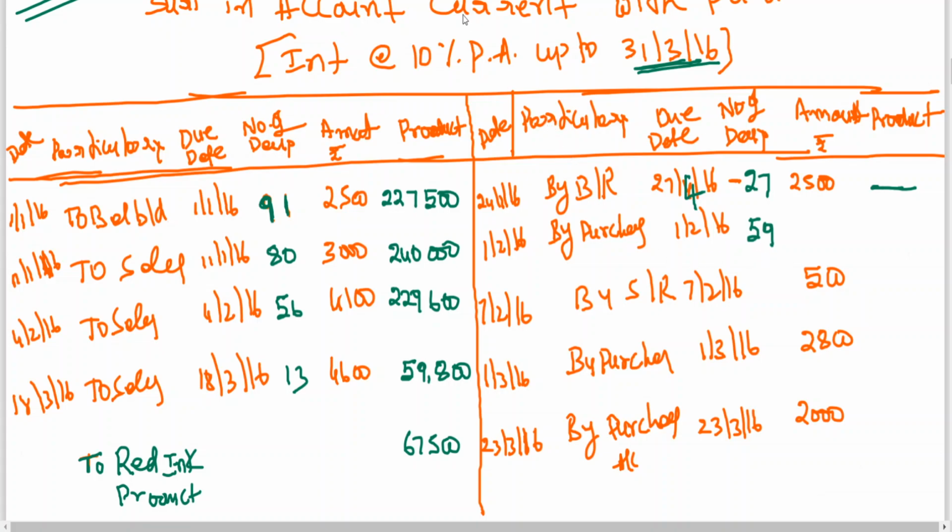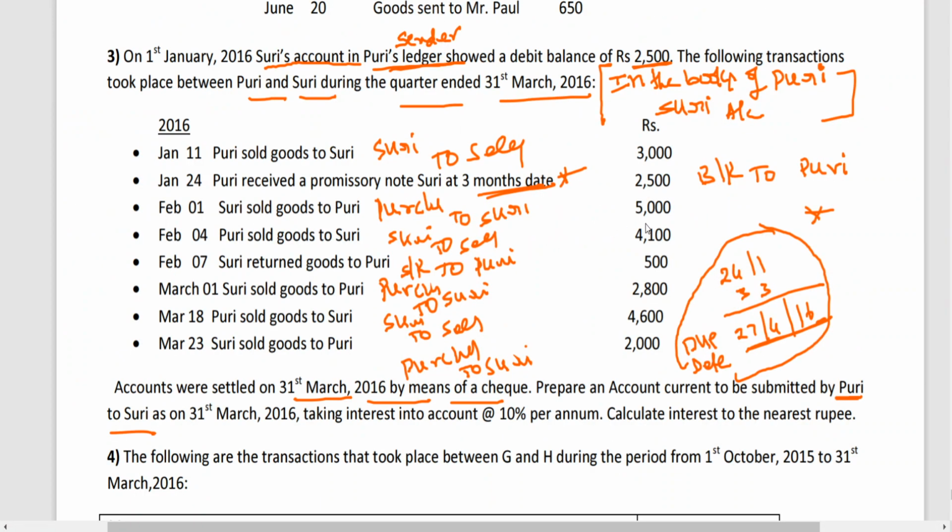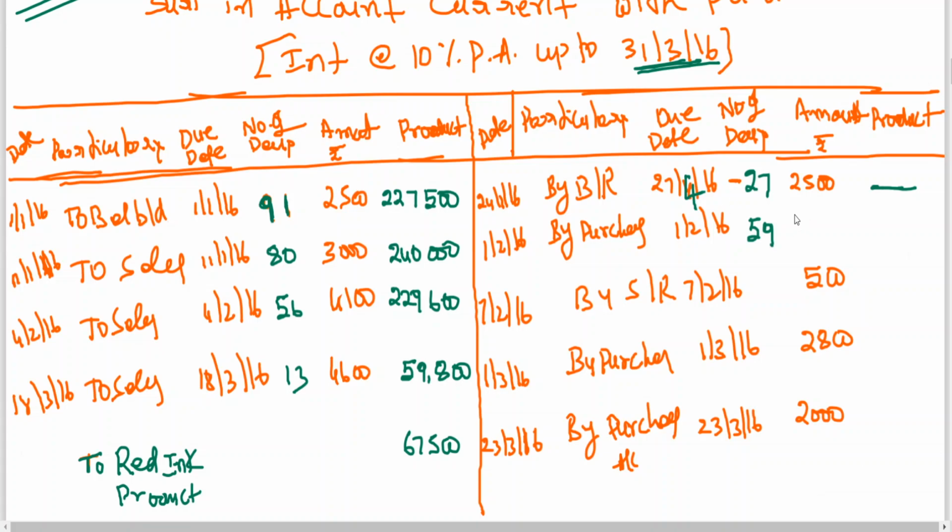This is the purchases amount. $5,000. 2,95,000.